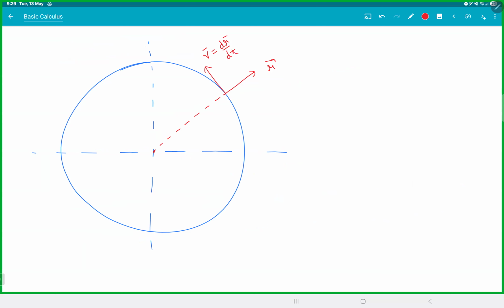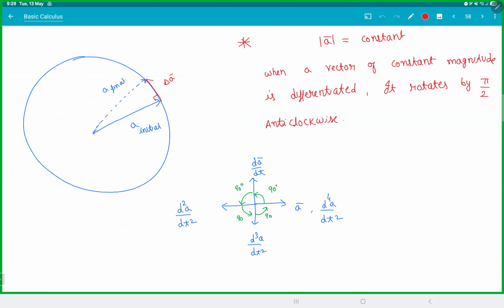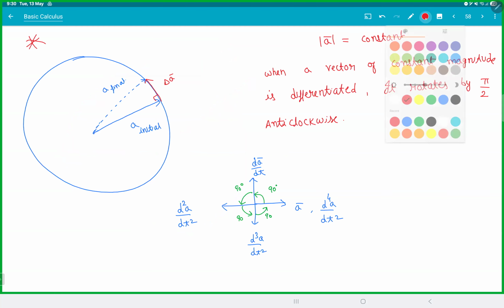If you differentiate this, you got acceleration, which was opposite to r bar, d square r by dt square. Did you notice this? Every time you differentiated, it rotated by 90 degrees. Didn't we prove this? A bar and r bar are opposite, 180 degrees. This result is important, everyone. Every time you differentiate a vector, this is what will happen.